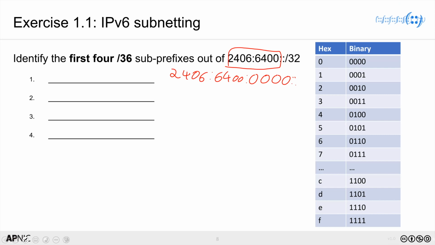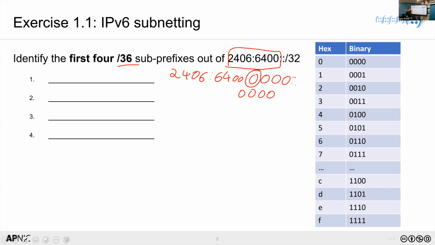Okay. Now, we know what we want, /36. First 4 /36s. So that, if we break this out, is this little nibble here. Bits 33, 34, 35, 36.